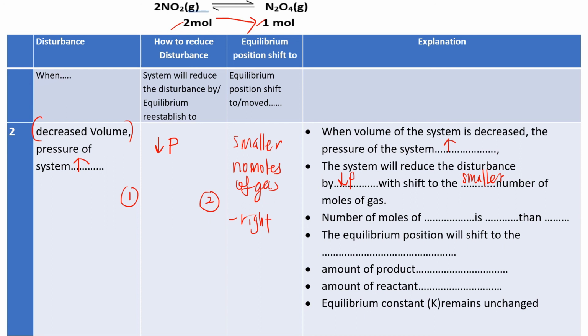So you can say the number of moles of product is less than reactant. Okay, so the equilibrium position will shift to the right. Once it shifts to the right, the amount of product increases, the amount of reactant decreases, and the K is constant.